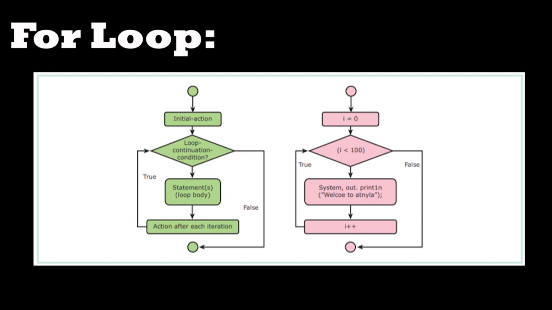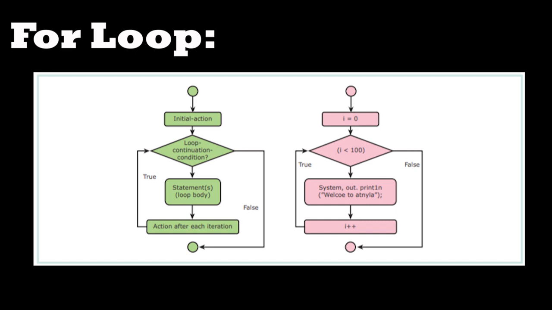Next one is the statement. If the condition is true, then the statements or the code inside the for loop will be executed. And then it comes for iteration, that is increment or decrement. It will increase one value and again check the condition, and if the condition is true, the statements will be executed, or if the condition is false, the process will end. Okay, this is the flowchart for the for loop.